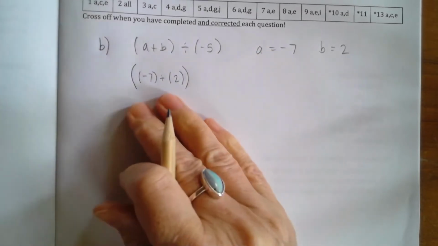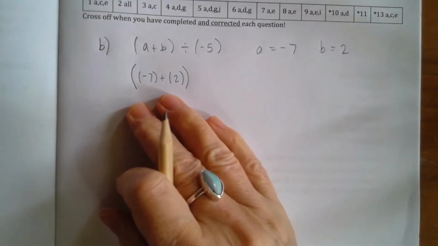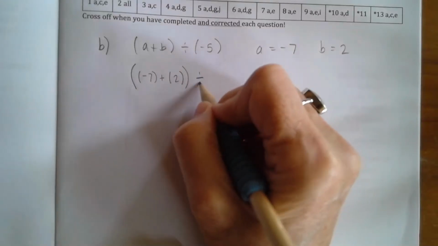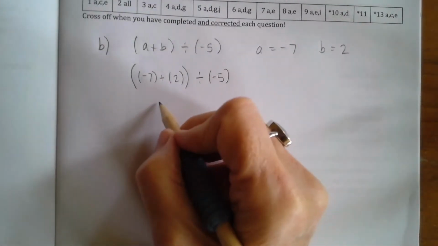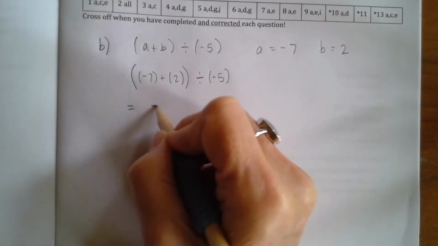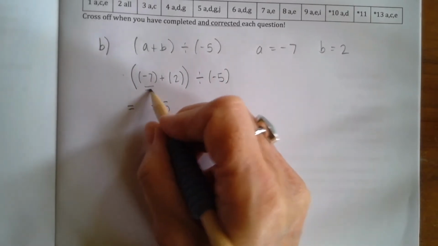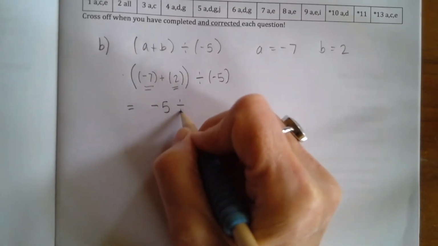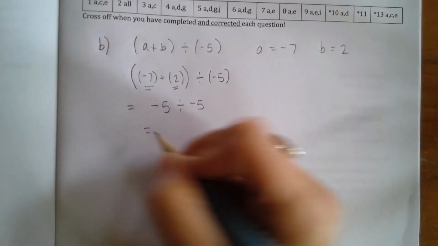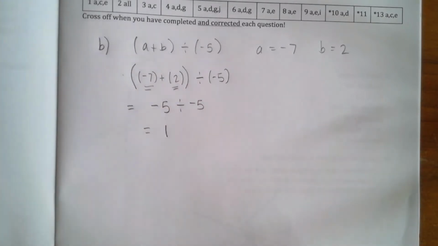I know it seems really brackety. Maybe I don't need brackets there, but I think we'll just be good about it right now. We'll decide later if we need them. Negative 7 plus 2 is equal to negative 5. You owe me $7. You have $2. Figure that out. Negative 5 divided by negative 5. A negative divided by a negative is a positive. So that's 1. Perfect.